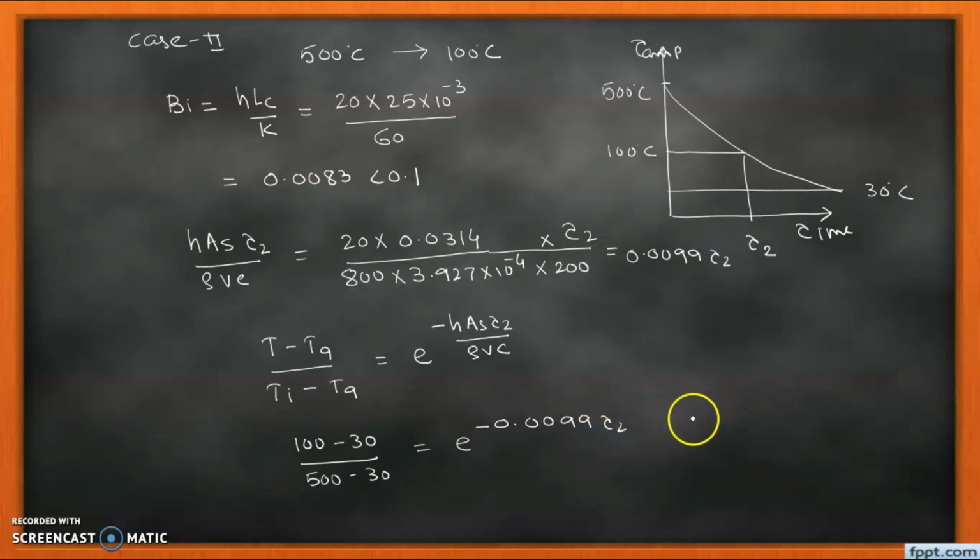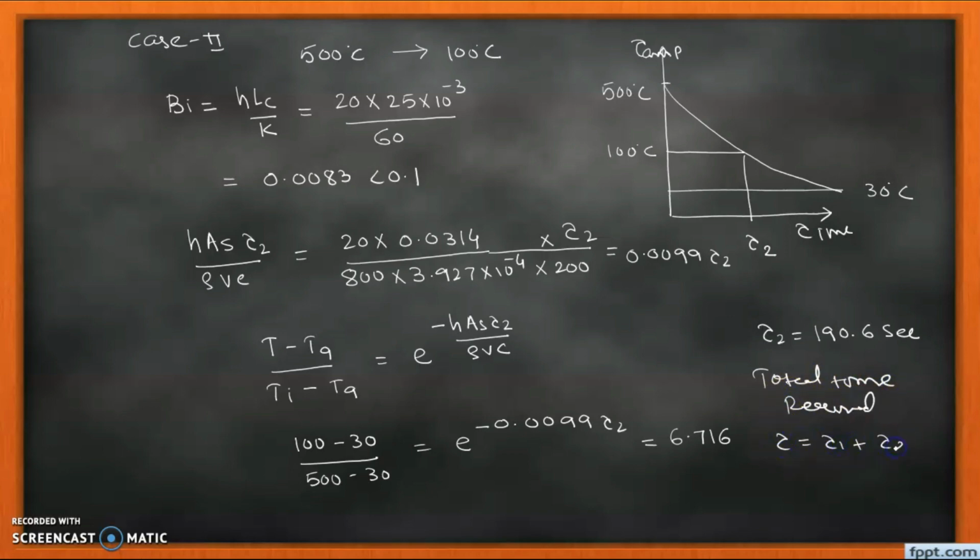And we also calculate the simplification of this value. So it becomes 6.716. Now we are applying the anti-logarithm and after simplification we are able to calculate the time tau 2 as 190.6 seconds.